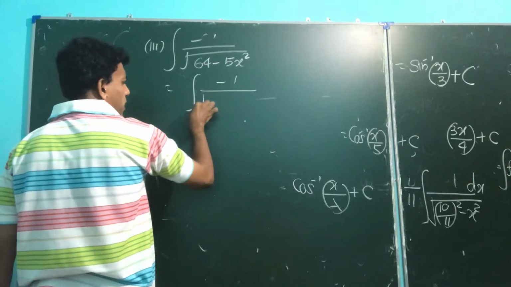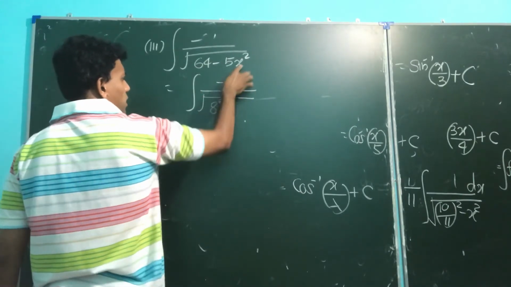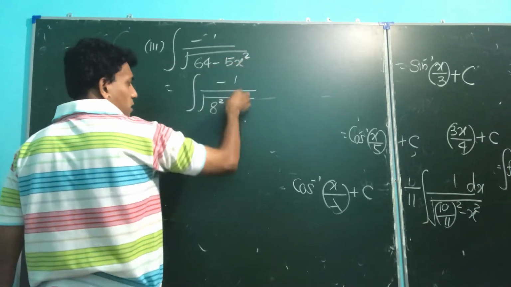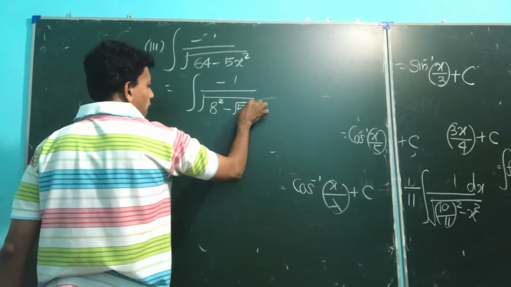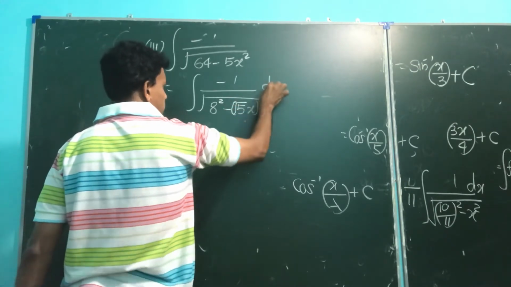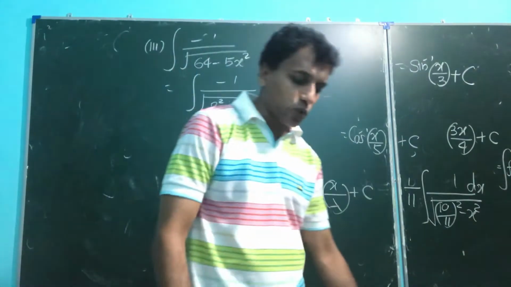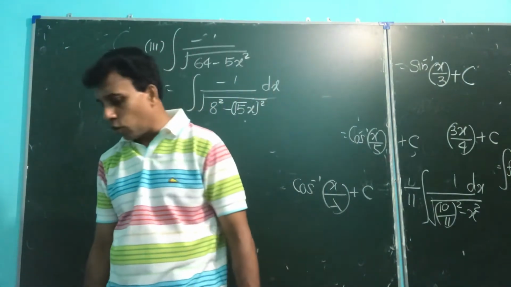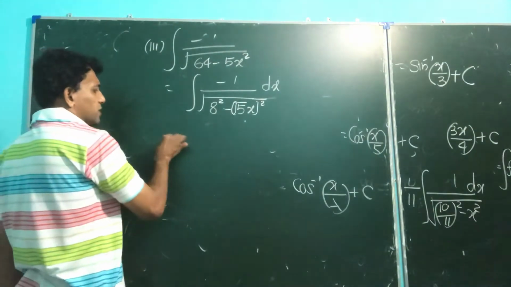Otherwise, if I show it by keeping the same, 64 is 8 square. Here also it should be a square, so square root of 5x completely squared into dx. That is the minus 1 over a square minus x square form, right?